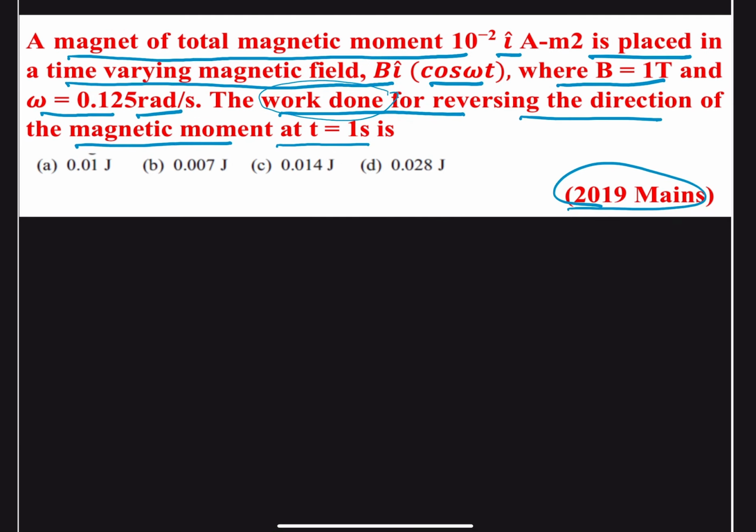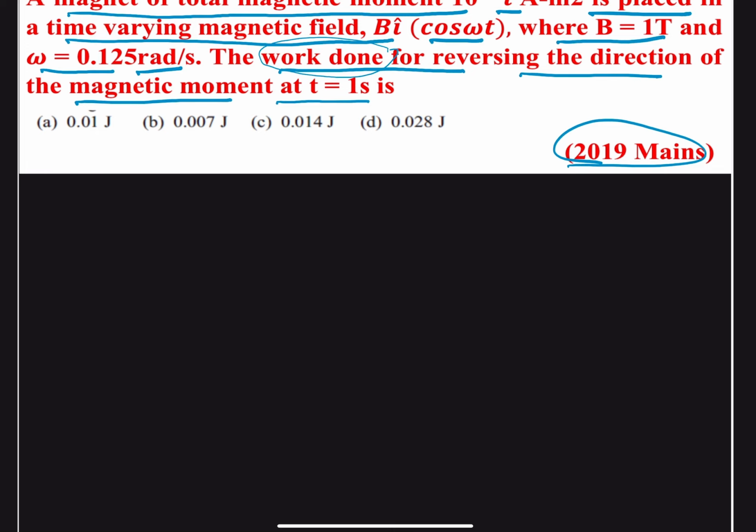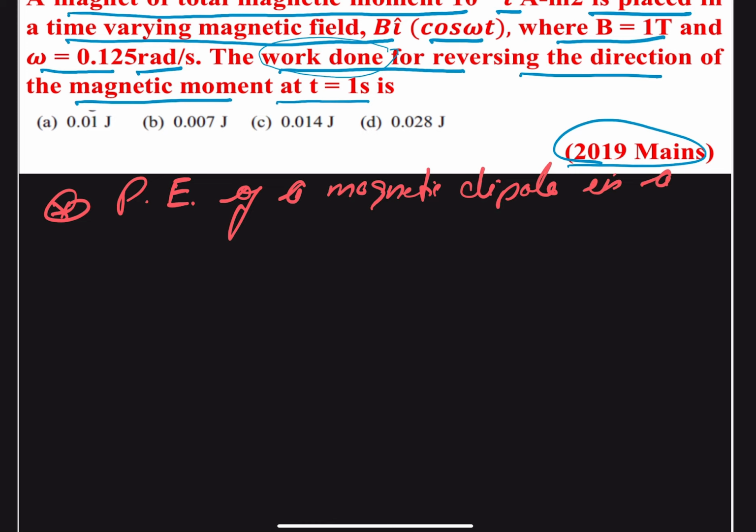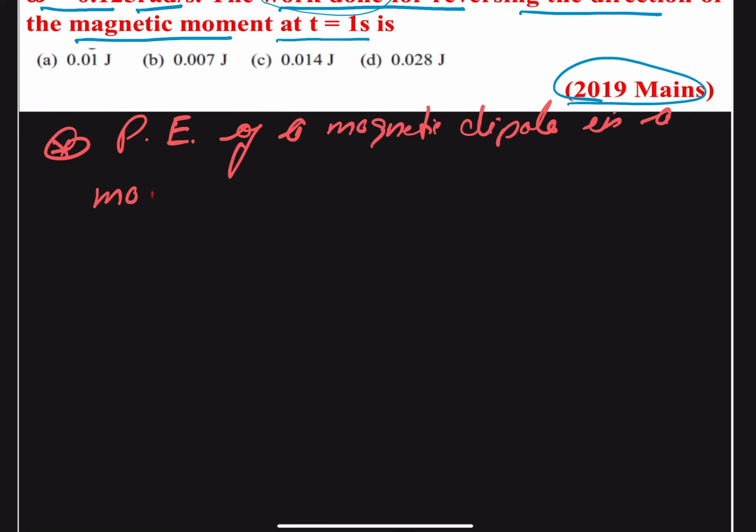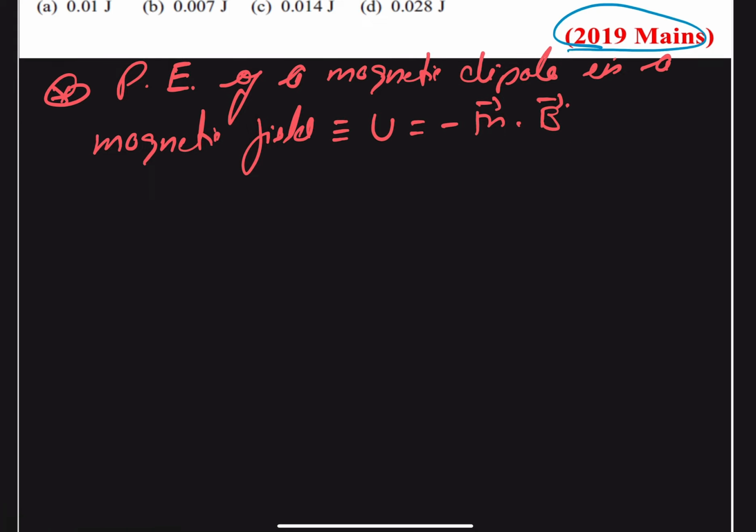Okay. And we know that the potential energy of a magnetic dipole in a magnetic field is given as U, and that is equal to minus of magnetic moment dot magnetic field, and we have to find out the work done.